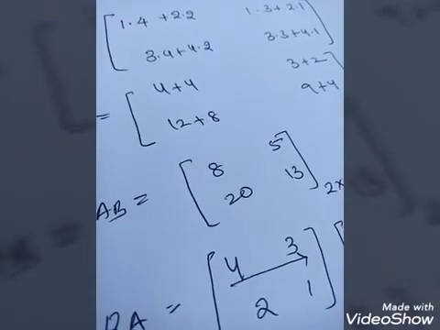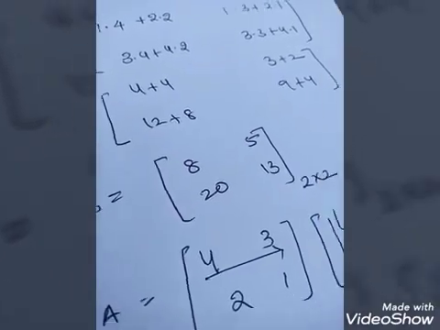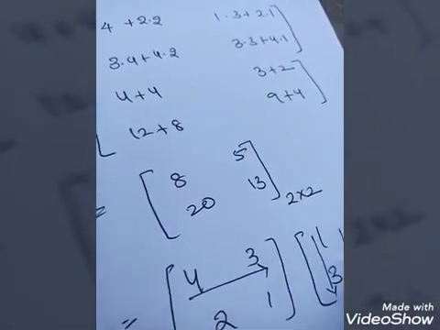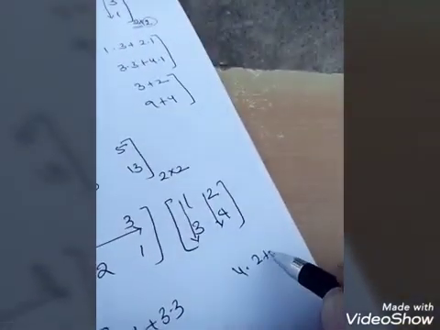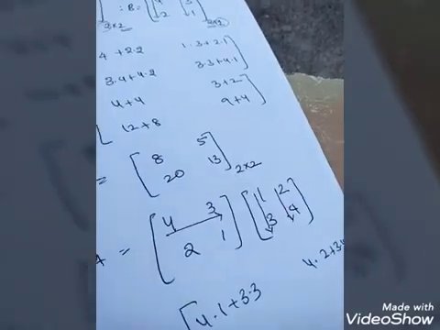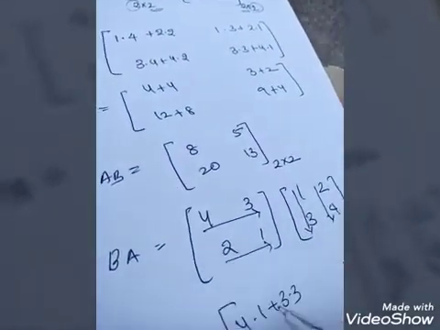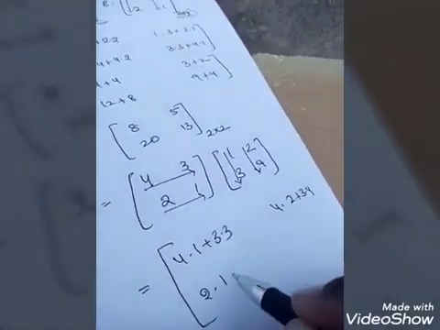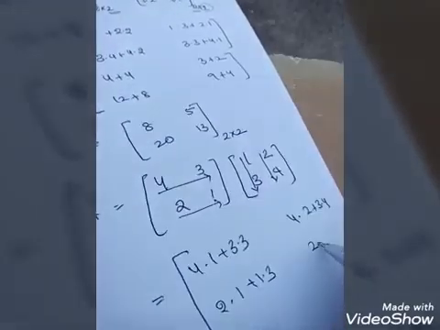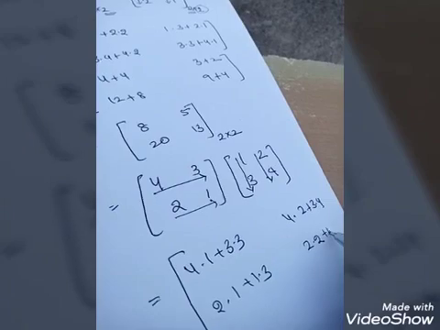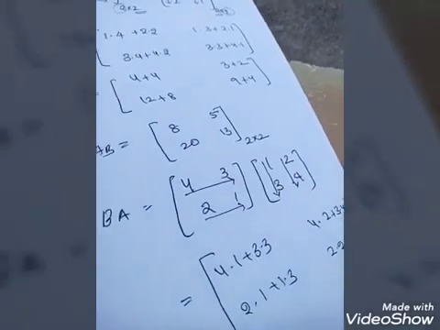Now what you are going to get? 4 into 1 plus 3 into 3. Next one is first row, second column, that is 4 into 2 plus 3 into 4. Next one is second row, first column, 2 into 1 plus 1 into 3. Next one is 2 into 2 plus 1 into 4. Now again what you are going to get.